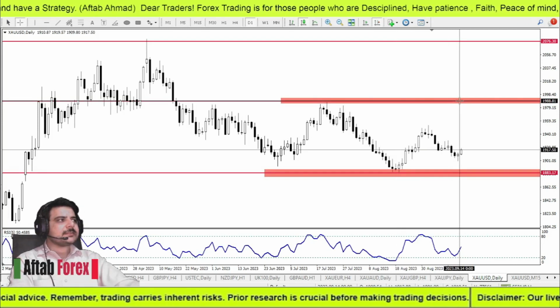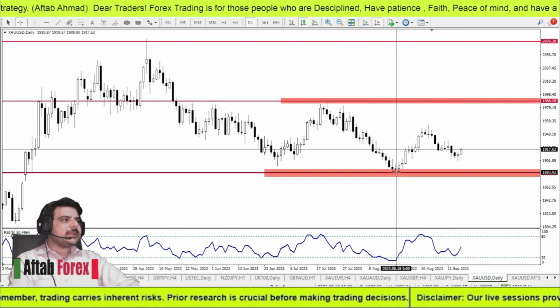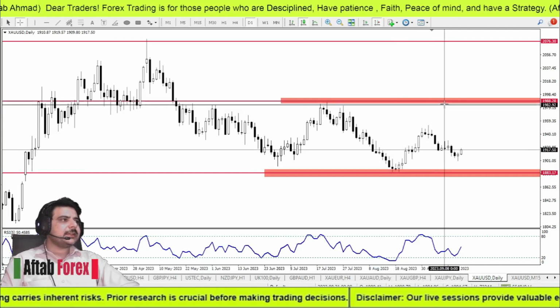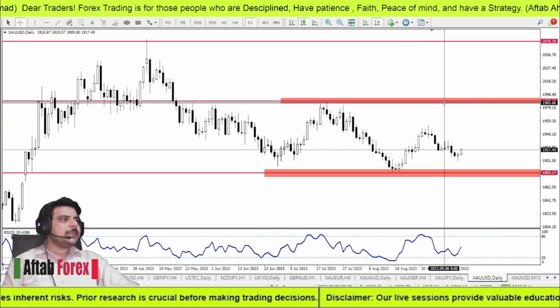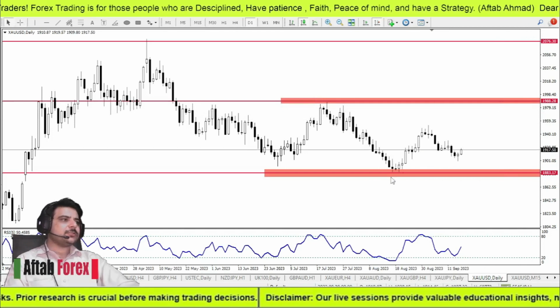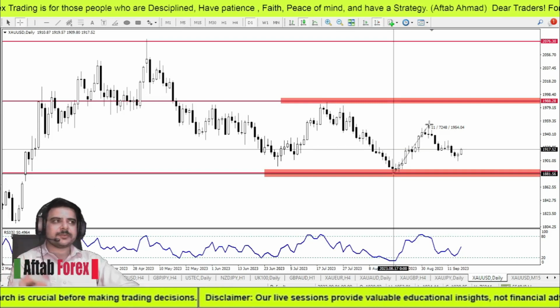And this is the resistance. So price bounces off from 1883.92, and the resistance is 1988.28. Those who took buys from right here closed their initial profits at 724 pips.